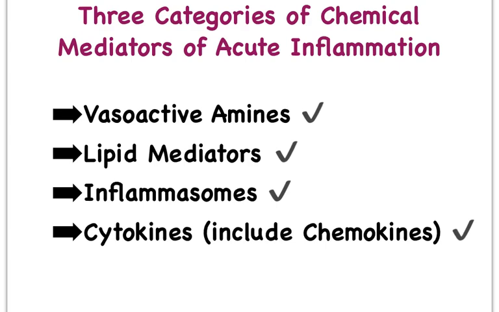Or even the corticosteroids can do that by blocking phospholipases. We briefly mentioned the bigger proteins called inflammasomes, but we spent quite a bit of time discussing the cytokines, which include your interferons, your interleukins, and your tumor necrosis factor, as well as your chemokines, which are the kinds of cytokines that attract more white blood cells to a site of injury by means of positive chemotaxis.